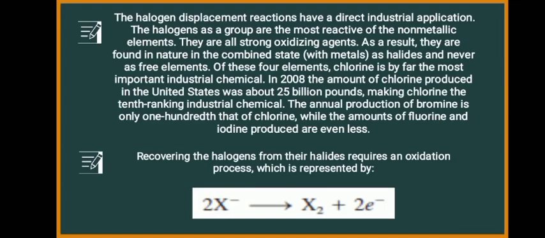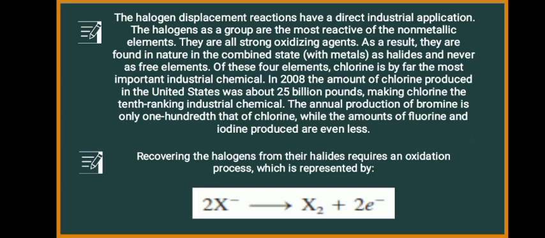Next, halogen displacement reactions have a direct industrial application. The halogens as a group are the most reactive of the nonmetallic elements. They are all strong oxidizing agents. As a result, they are found in nature in the combined state with metals as halides and never as free elements. Of these four elements, chlorine is by far the most important industrial chemical.